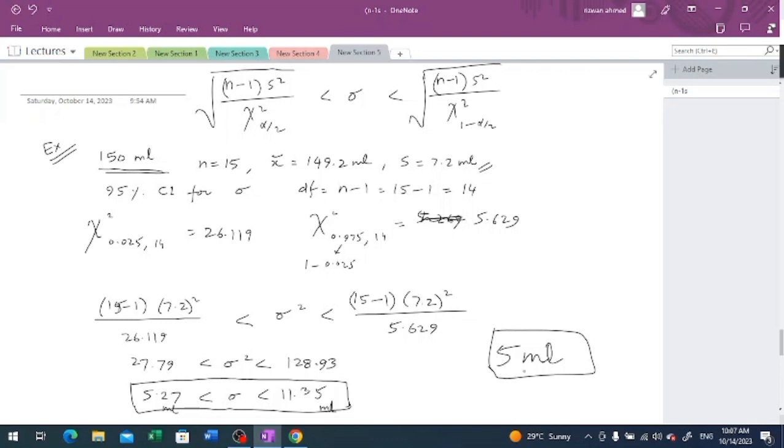And then you can construct a 95% CI in the same way and check whether the lower bound is exceeding that 5 gram mark. If it is exceeding, it means that we are being sold less, deficient quantities, and not otherwise, vice versa. Okay, so that's all for this session. Bye.